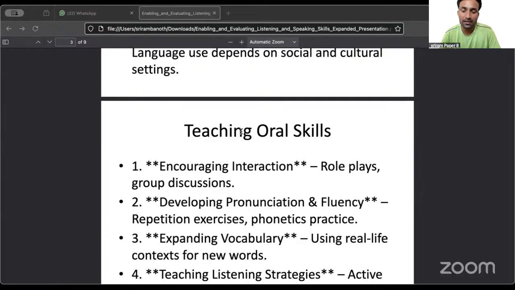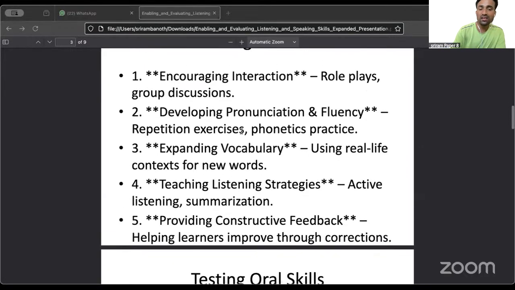Expanding vocabulary: using real-life context for new words. If I explain everything, then it won't finish, so I'll just read, and if I feel something is difficult to understand, then I'll try to explain. Teaching listening strategies: active listening and summarizing. Providing constructive feedback, helping learners improve through their corrections.